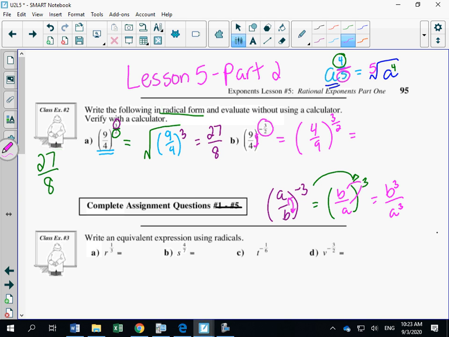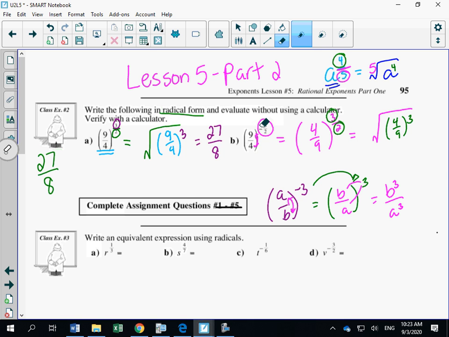So as a radical, I'm going to put 4/9 in my bracket, and I'm going to write the square root and the power of 3. Let's get rid of that root 2 because we don't need to write the invisible 2. And then we're going to evaluate this in our calculator.